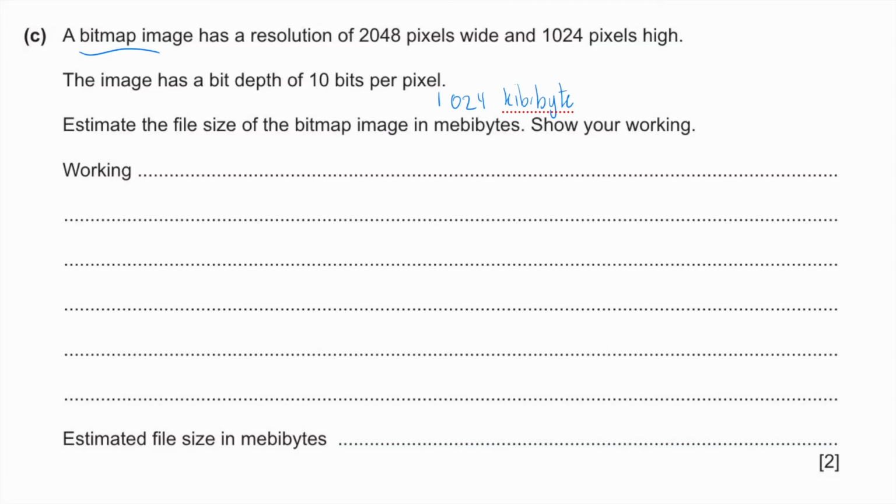So first of all, let's try to figure out how many bits we have as a whole. The image has a bit depth of 10 bits per pixel, right? And we know this is the resolution of the image.